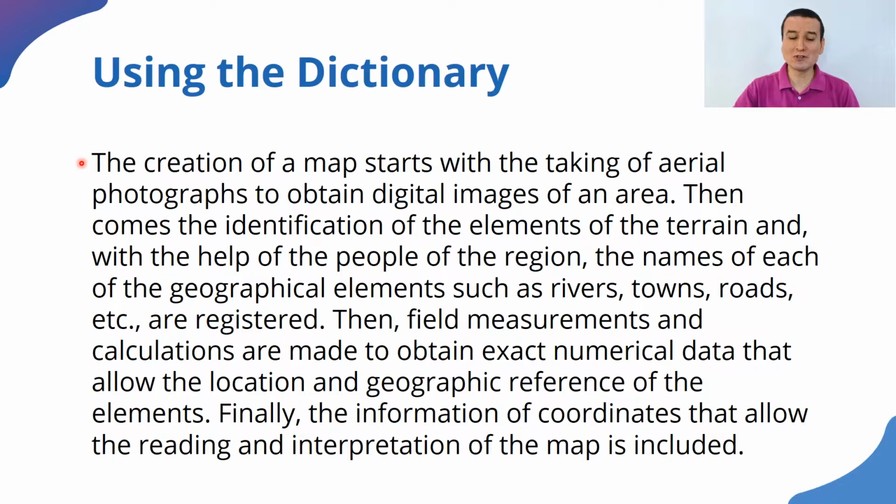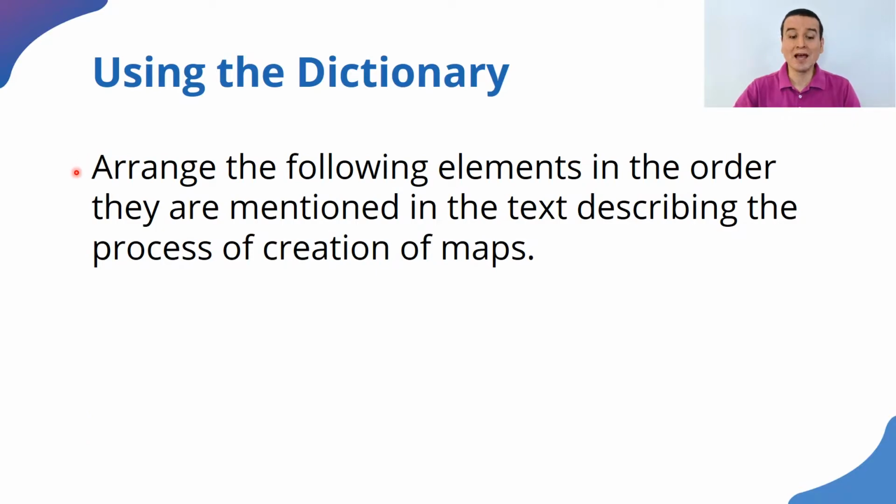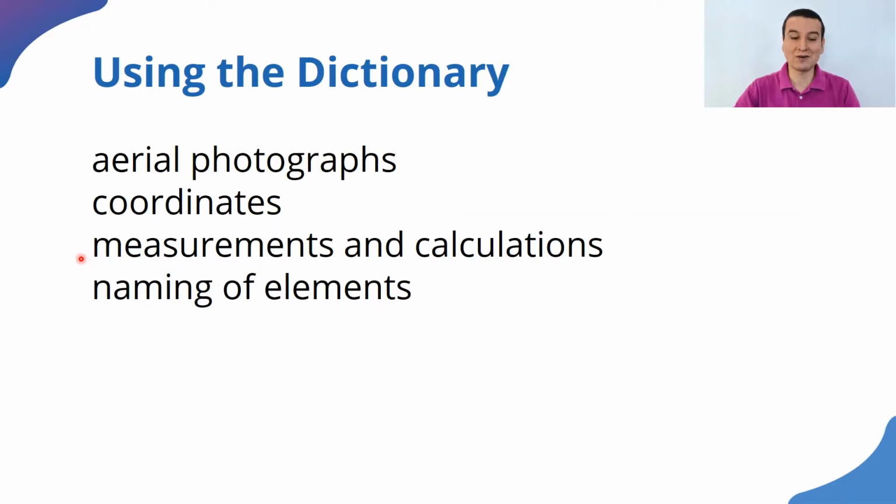Let's make sure that you understand the main idea of that text. This is the activity. Arrange the following elements in the order they are mentioned in the text describing the process of creation of maps. All right, aerial photographs, coordinates, measurements and calculations, naming the elements.